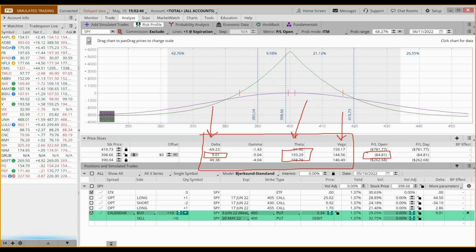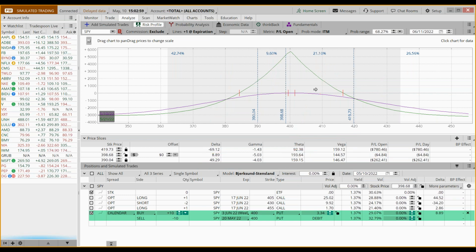If volatility increases on a Vega positive strategy, this line is going to move up across the board. If, however, implied volatility comes down, it's the opposite. We're going to see this dropping.